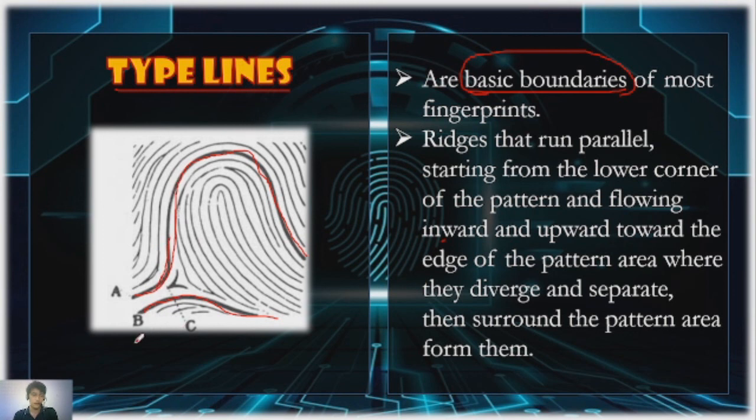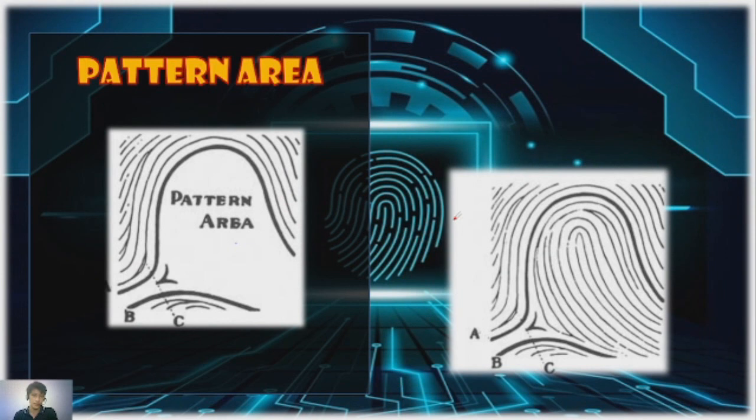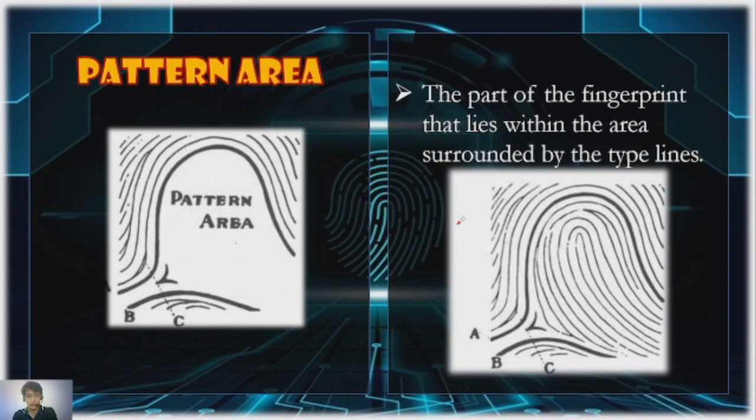So that is what we term as type lines. Ridge A, following it until the end, and then we have ridge B, following it until it ends, and with that, those are the type lines. We were able to create the type lines, and inside the type lines is what we term as the pattern area.